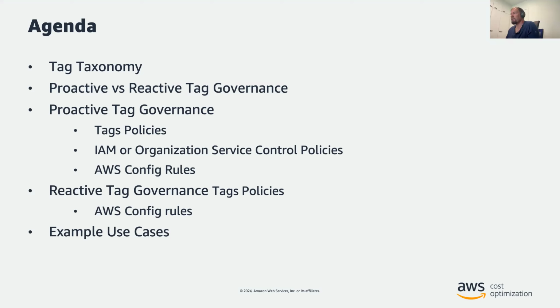In the next slides we'll go a little bit deeper into these, but the organizational service control policies and tagging policies are something that is good to be aware of. You can enforce the use of tags in your organization. If you're enforcing the use of tags, then developers who are launching resources into your organization also need to follow those rules, or they will be denied creating their resources.